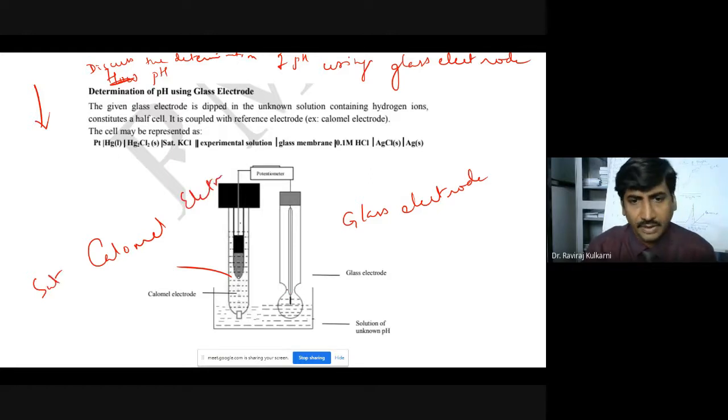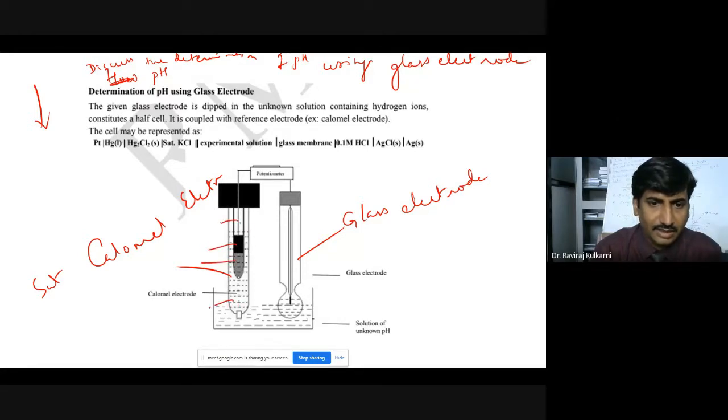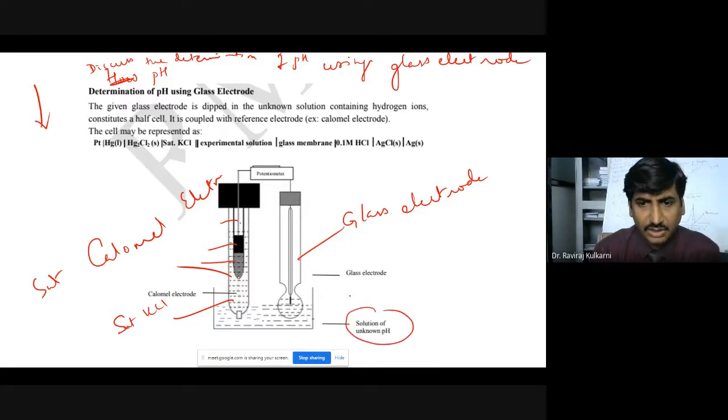A potentiometer is required to measure the potential. Here we have mercurous chloride, mercury, a platinum wire, and saturated KCl solution. And this is the solution of unknown pH. This is the glass electrode.